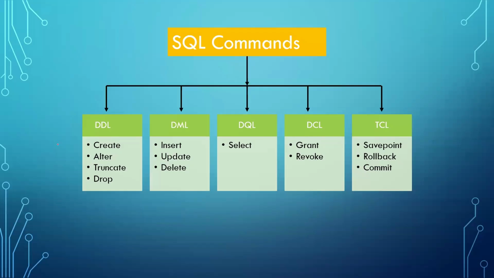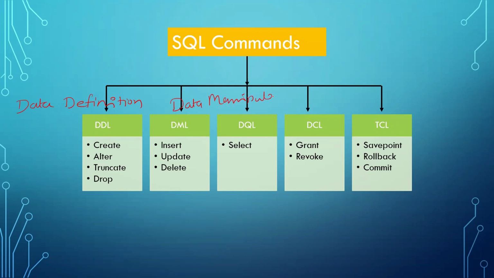And the basic SQL commands. See, this is a very important thing. The commands are classified into 5 categories. The first one is DDL. What is DDL? Data Definition Language. That is the full form of DDL. And the next one is DML, that is Data Manipulation Language.